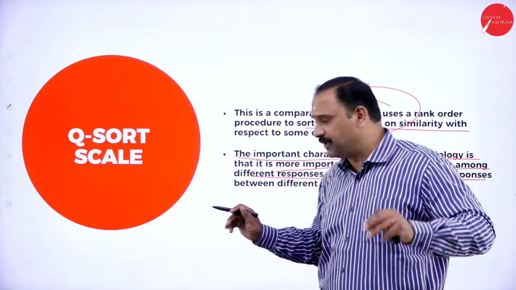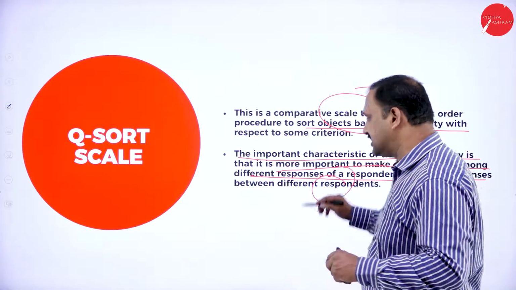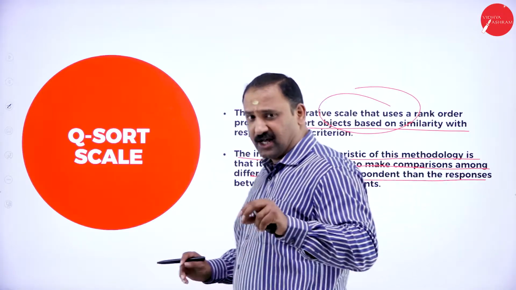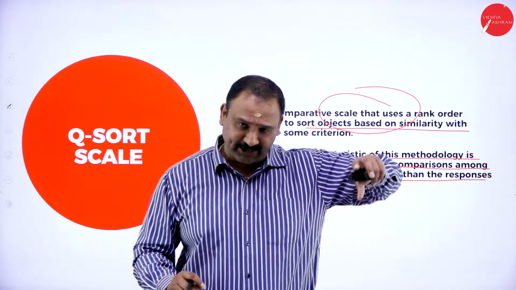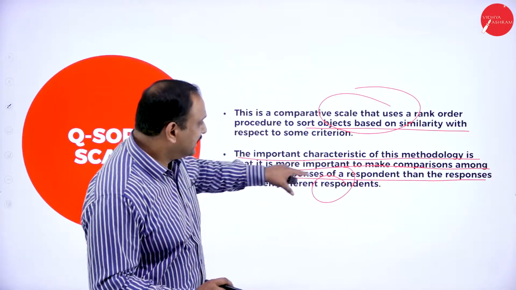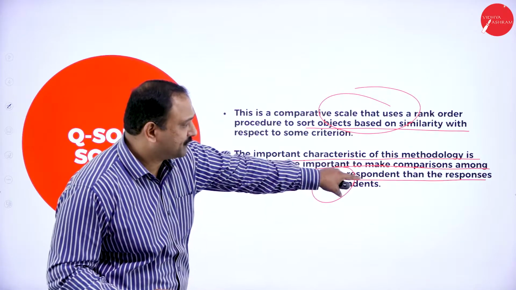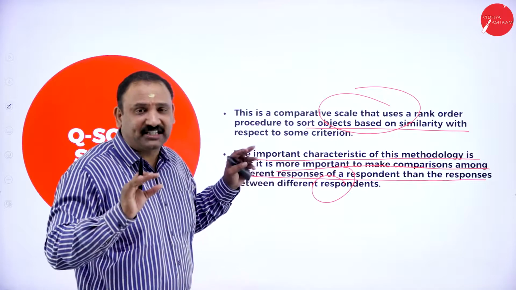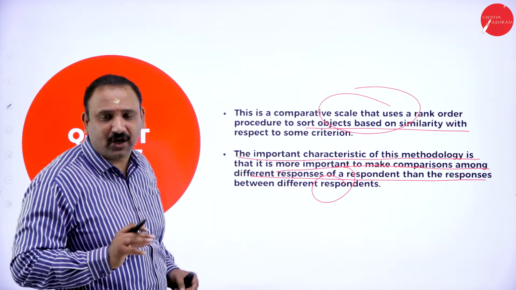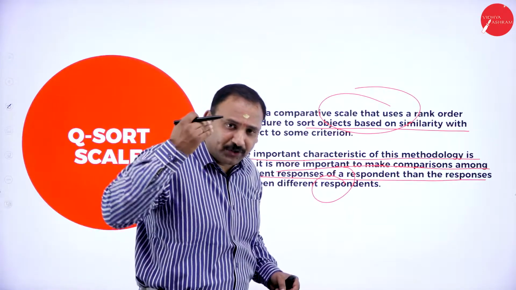Why? Because the same product might be rated differently by different people. So the responses of one respondent differ from the responses of others. That's the comparison factor we are going to see here.